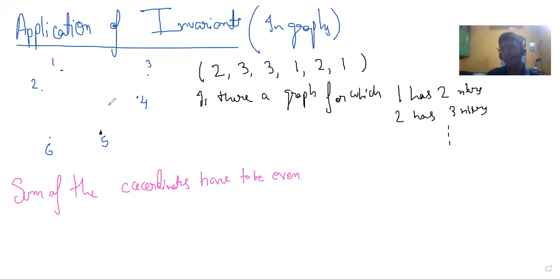Every point need not have a neighbor, yes, but here it is not zero. The point is that if there was a graph, and if there was this edge in the graph we want to make out of this sequence, then this edge is getting counted in the neighbors of 2 and as a neighbor of 3. While counting neighbors, it's going to get counted twice. So obviously, the sum has to be even.